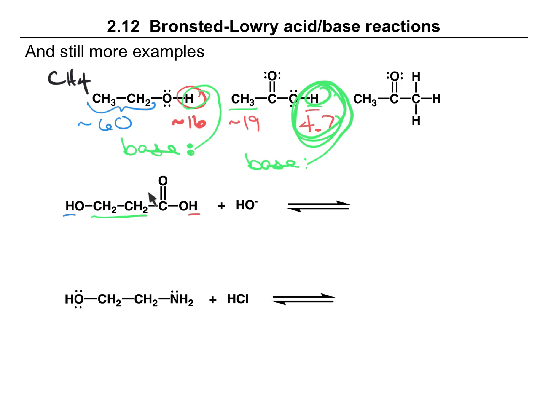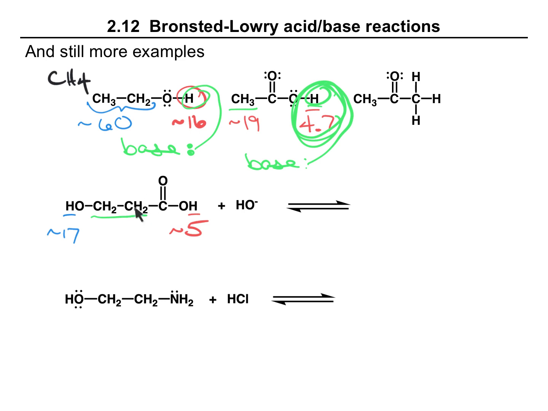Because this is a carboxylic acid, it's going to be similar to other carboxylic acids, so it has a pKa of around 5. This one is an alcohol, similar to other alcohols, so it will have a pKa of probably around 17.